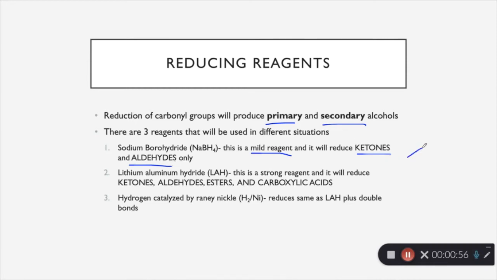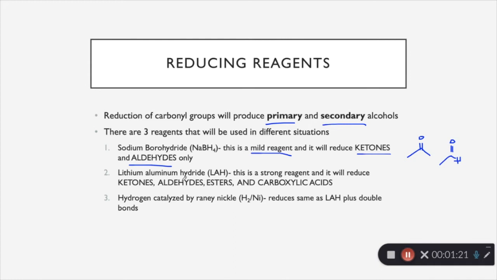So remember, a ketone is going to be oxygen double bonded to a carbon, and then off of that carbon are going to be two R groups. Aldehydes are going to be an oxygen double bonded to a carbon with an R group and then a hydrogen. So sodium borohydride will reduce these two things right here.